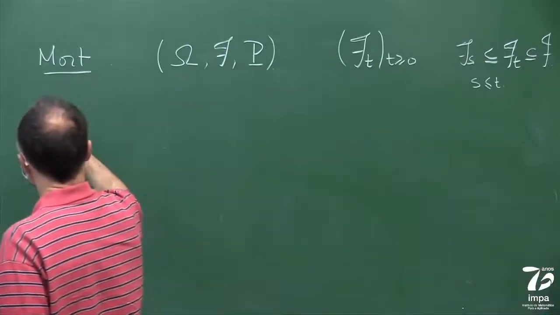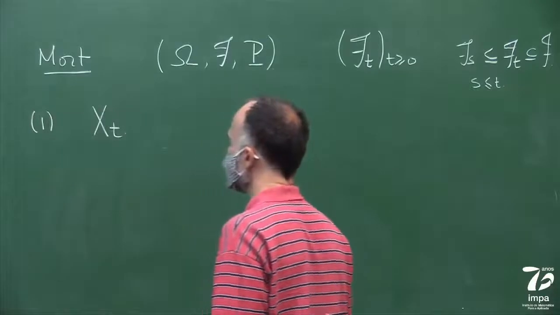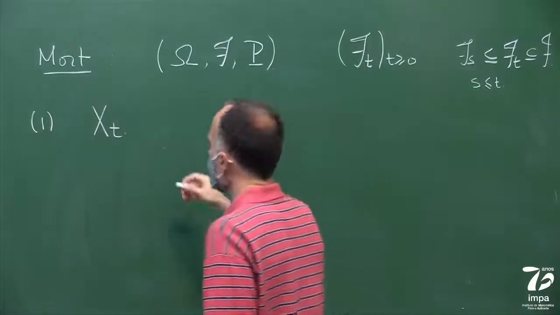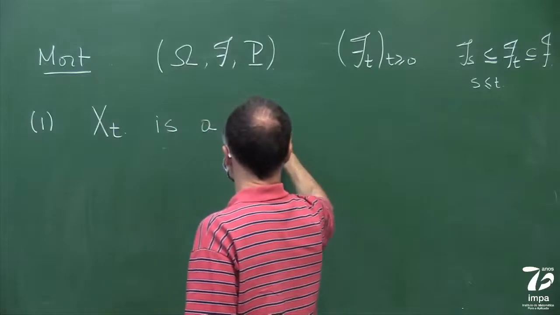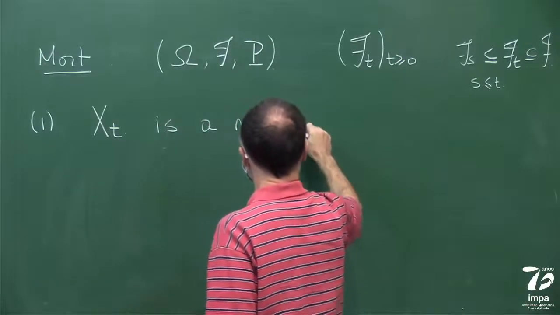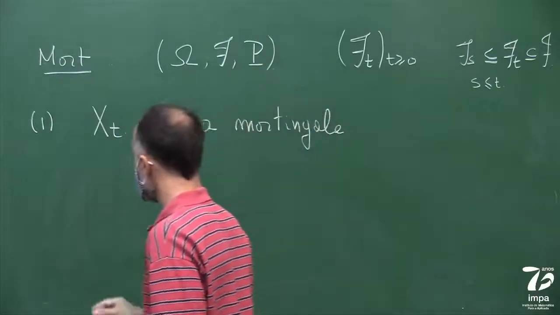And then I have a family, a process, X_t. And I will say that X_t is a martingale if the following holds.